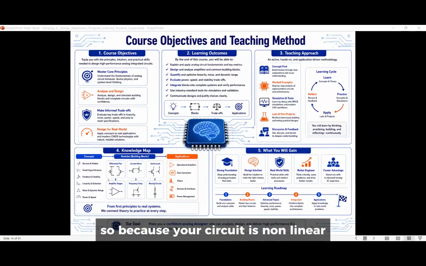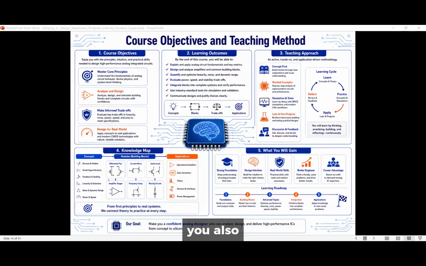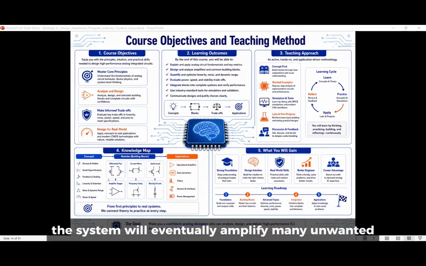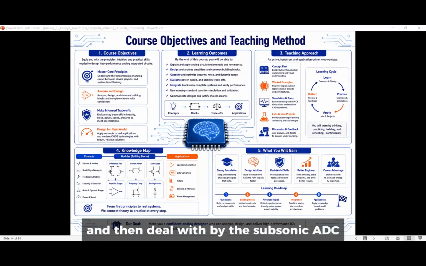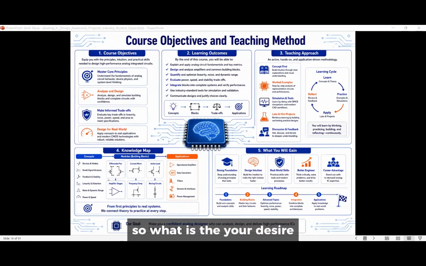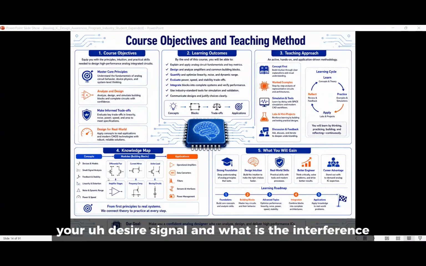Because your circuit is nonlinear, the system will eventually amplify many unwanted harmonic signals, which are then dealt with by the subsequent ADC. The ADC cannot understand what is your desired signal and what is the interference. So this will cause bit error rate of the system or cause system malfunction or degradation.